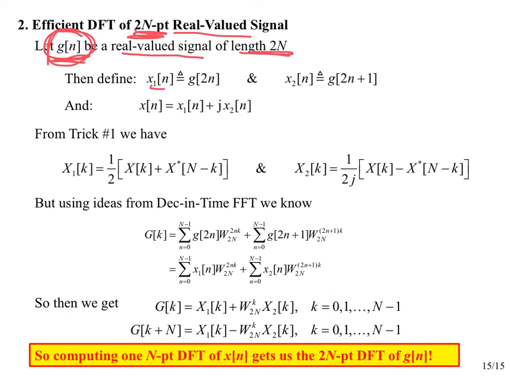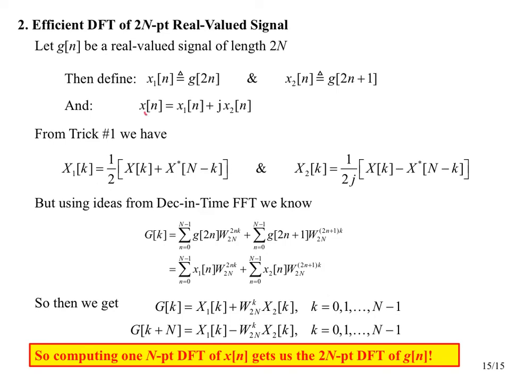We'll define x1 to be the even indexed elements, and we'll define x2 to be the odd indexed elements of g. And then we'll shove each one of those into a new signal x. So the even elements go in as the real part, the odd elements go in as the imaginary part. All right, that's good so far.